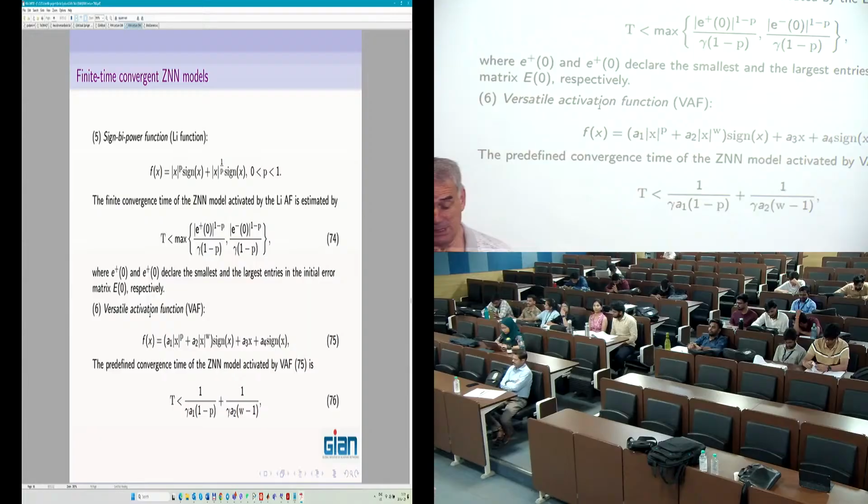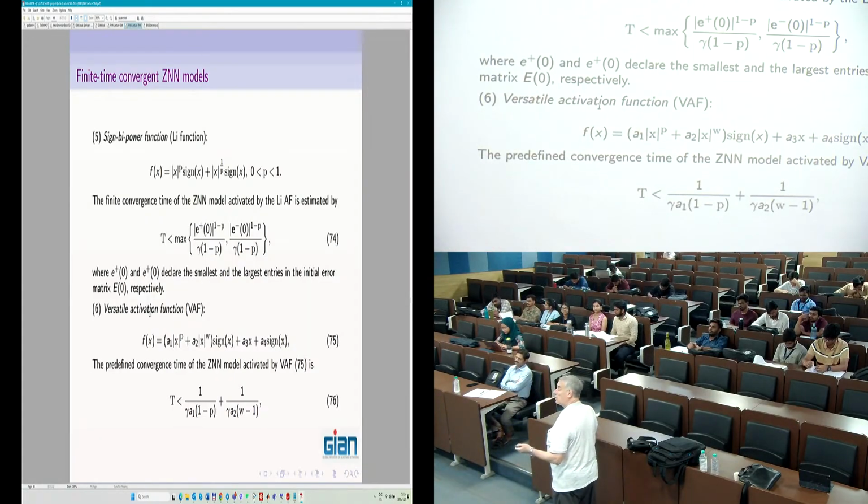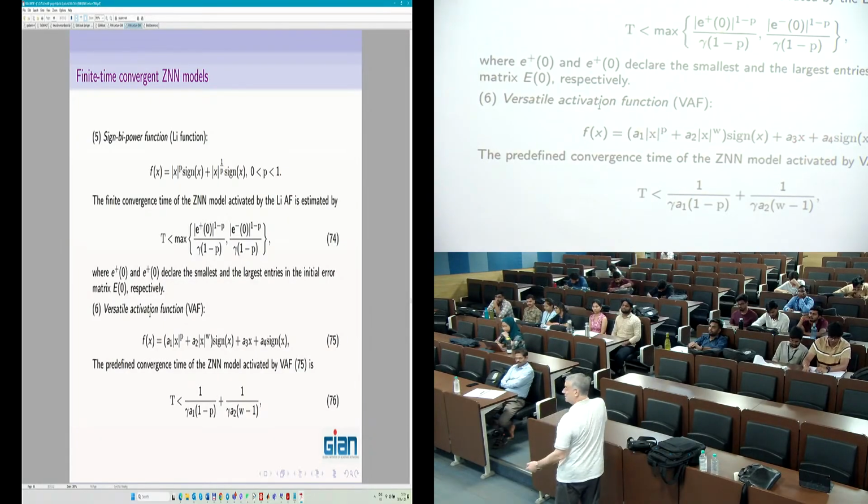E of 0 is the initial state matrix, and according to the initial state matrix, another matrix here is what we used, sign, and then plus plus 2 again. Here is the final time convergence.